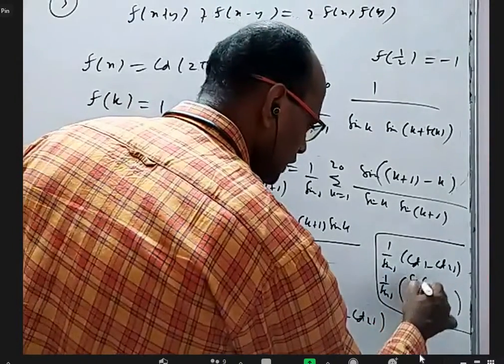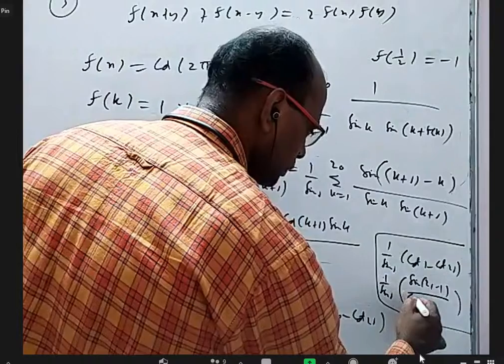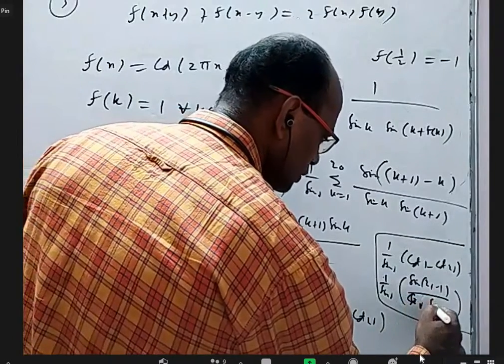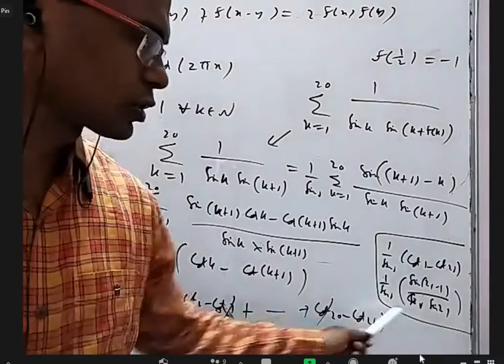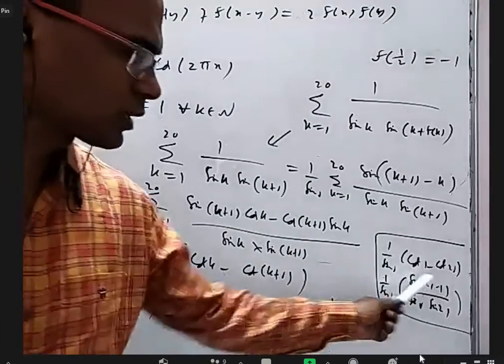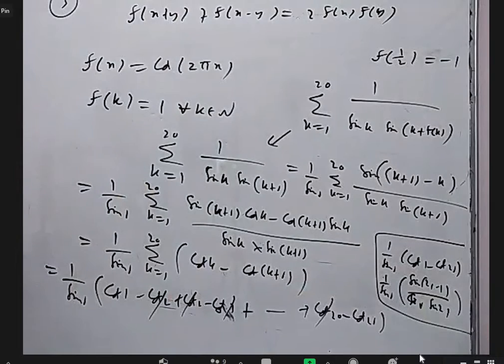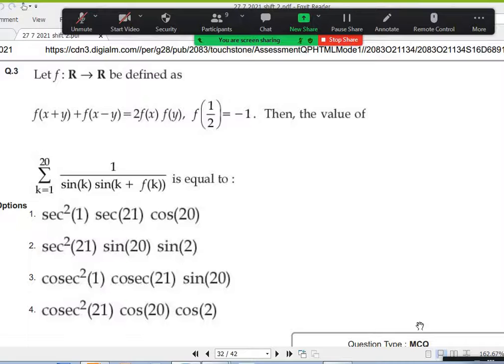It will become sin 21 minus 1 by sin 1 into sin 21. So I got sin 1 whole square, that is cosecant square 1, sin 20, cosecant 21. So everything is cosecant and sine. Cosecant square 1, yes. Option 3.